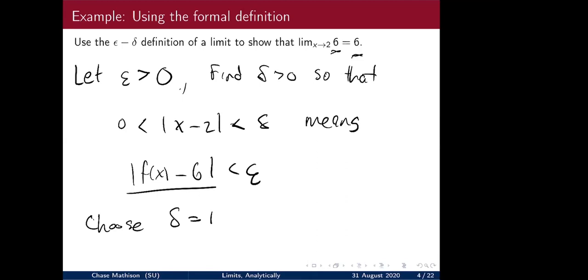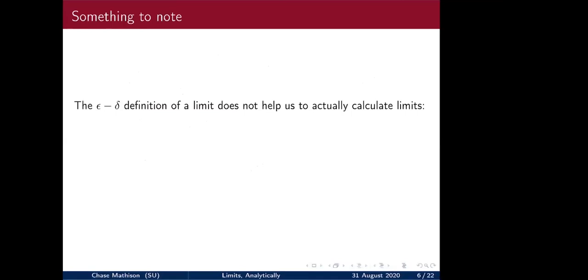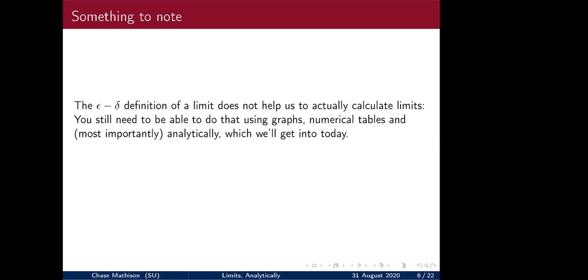So that's why I gave you that really vague definition to start with. Now we have a definition that, once you know what the limit is, you can actually prove it using this epsilon delta technique. Okay. So the definition doesn't actually help us to calculate the limits. It just helps us to show that the limit we found is right. You still need to be able to use graphs and numerical tables, and you need to be able to find limits analytically, which we're going to do today.